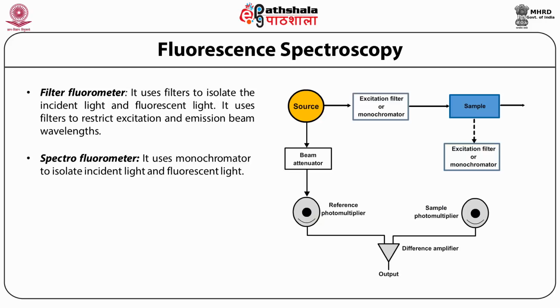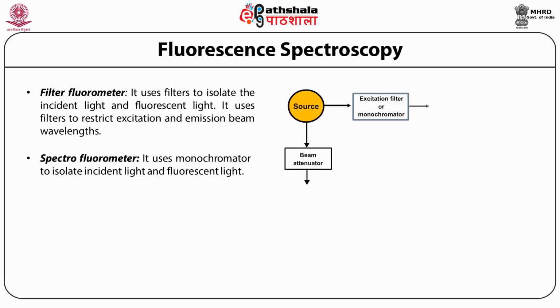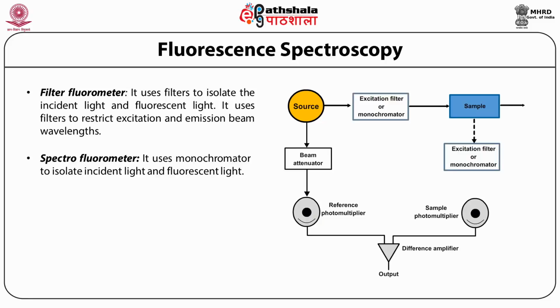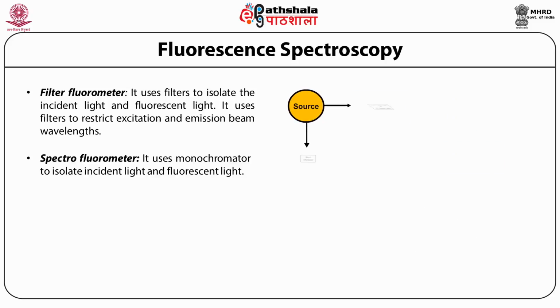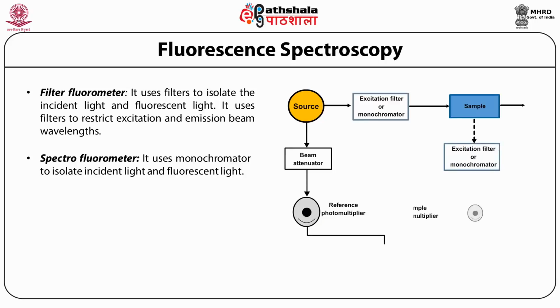The reference beam passes through an attenuator to reduce its power to that of the fluorescent radiation. The optical paths of the excitation and the detection light paths are along the orthogonal axis.